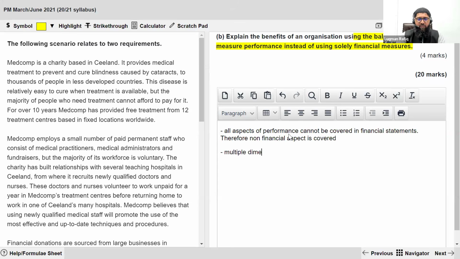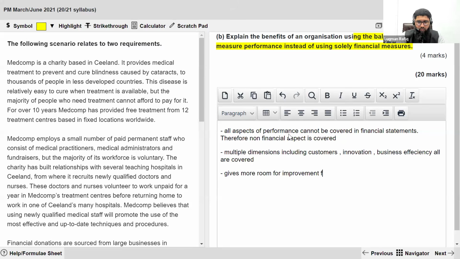Multiple dimensions, including customers, innovation, business efficiency, are all covered. It gives more room for improvement for the organization.